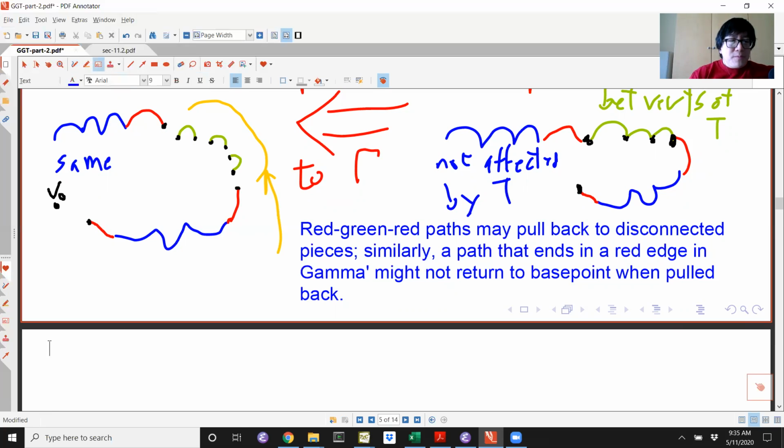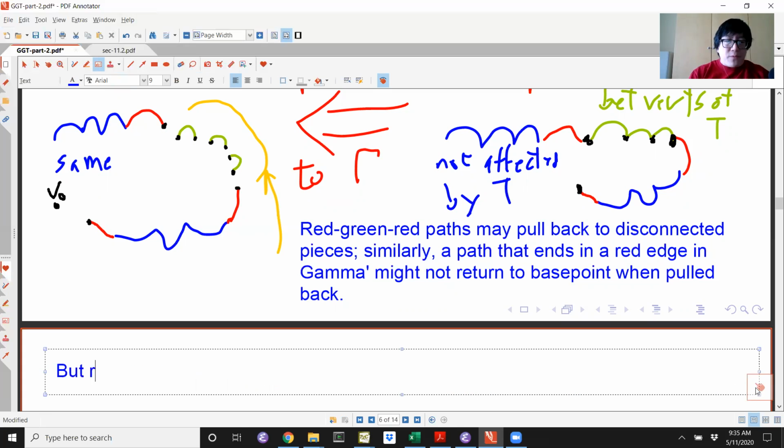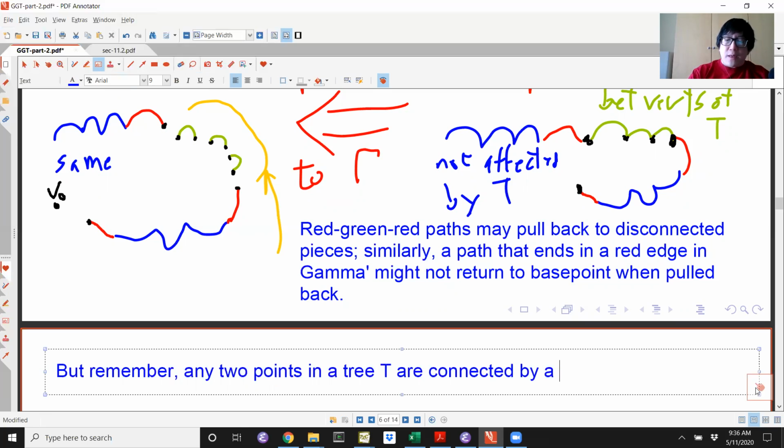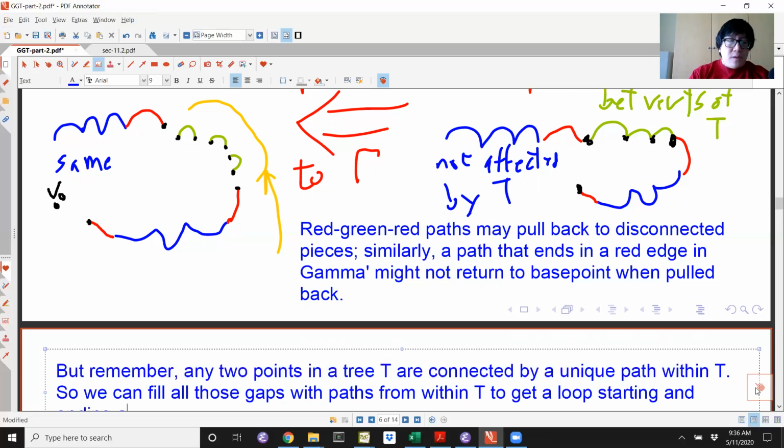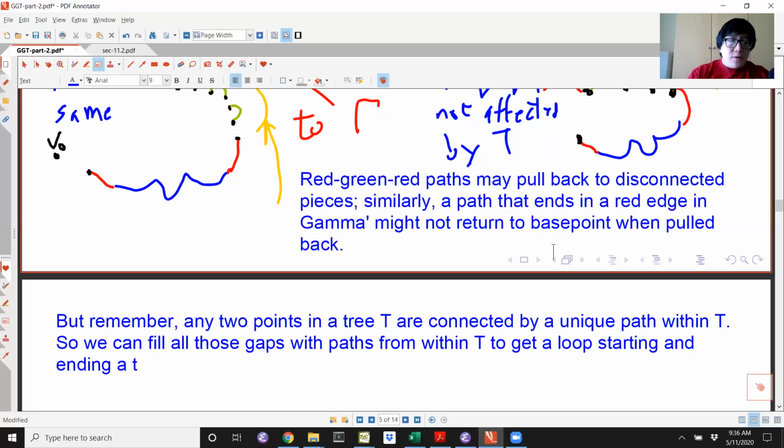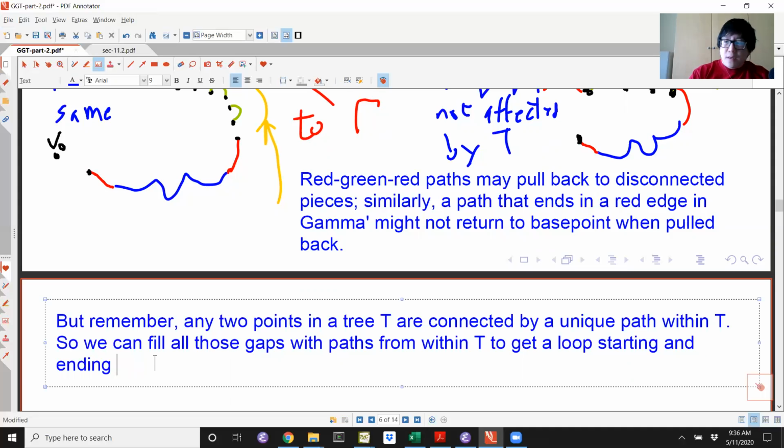However, remember, any 2 points in a tree T are connected by a unique path within T. So we can fill all those gaps with paths from within T to get a loop starting and ending at v sub 0.